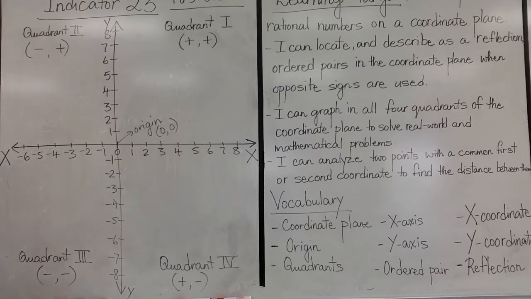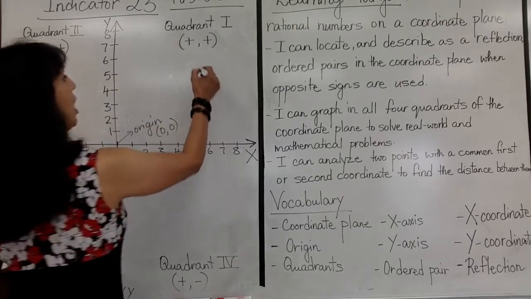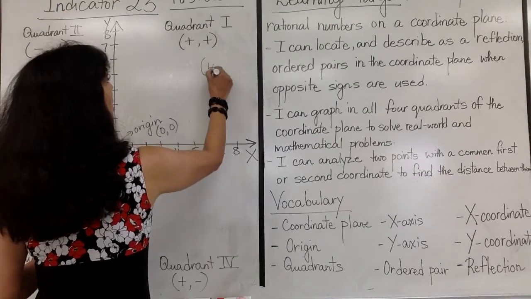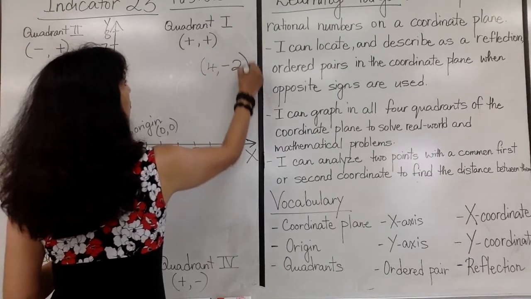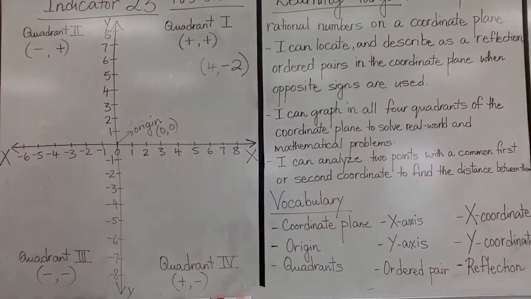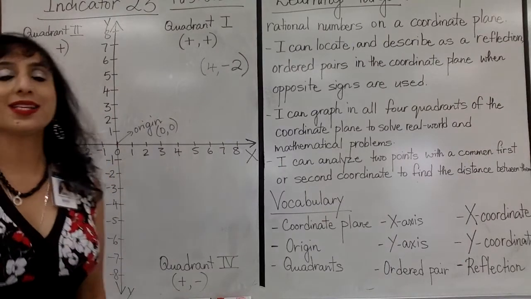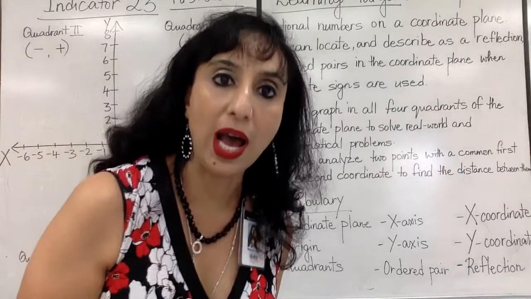What I mean by ordered pair is that ordered pairs are formed by the x coordinate and the y coordinate. So if I write 4, -2, remember, x always comes before y.